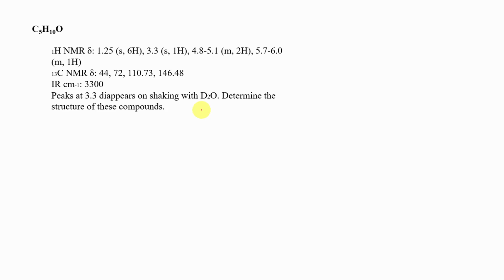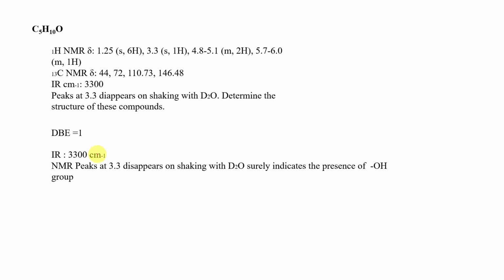That is the problem. First of all, we have to calculate the double bond equivalent. The double bond equivalent of this molecule is 1. That indicates a pi bond or a ring may be present in this molecule. Then consider the IR value 3300 cm⁻¹, and also the NMR peak at 3.3 disappears on adding deuterium oxide.